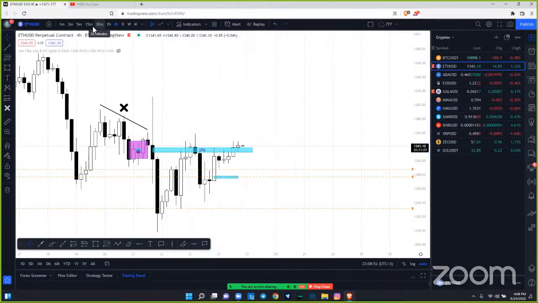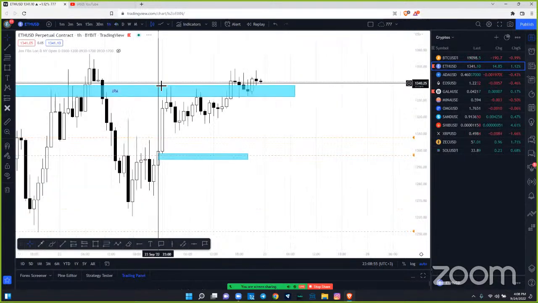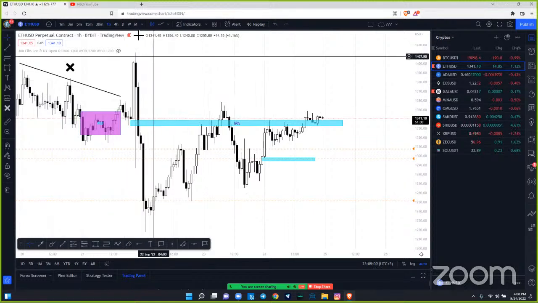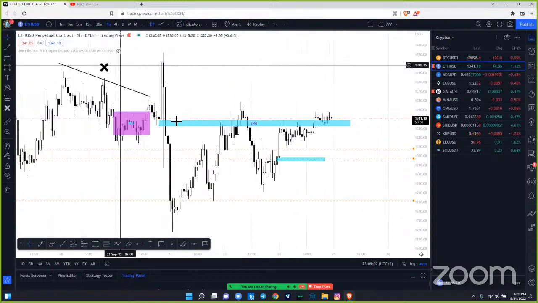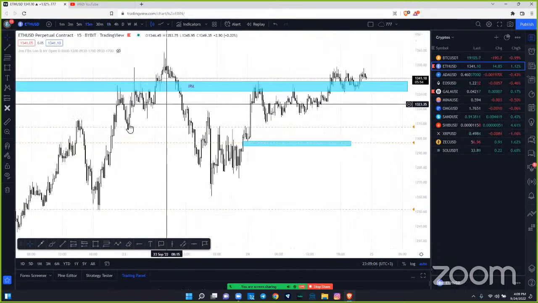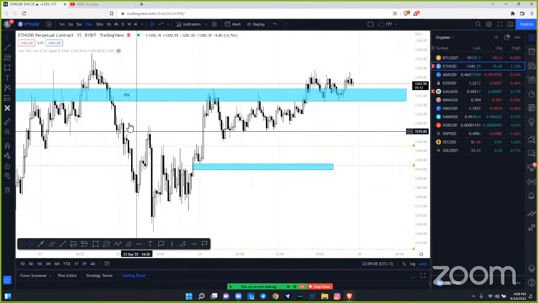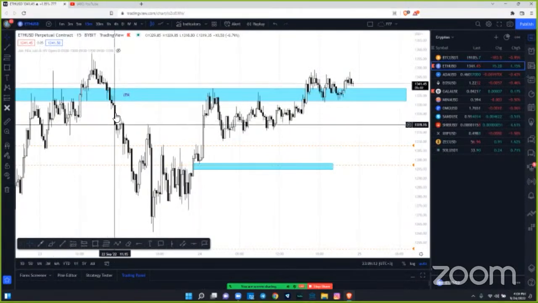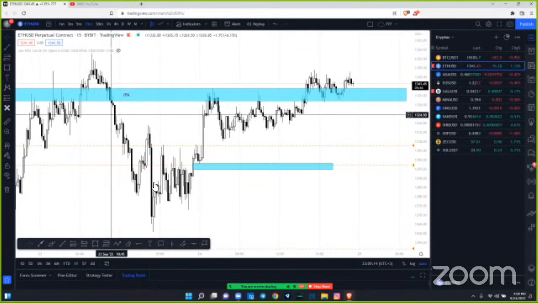So any potential distribution within here makes sense. As you can see, lower low, lower high within that point of interest and the imbalance. Just following up with the counter trend, we came into this imbalance first, and actually we broke structure, came back to the open and distributed.